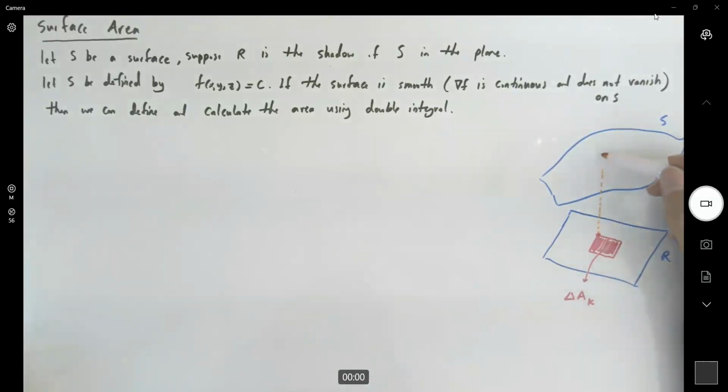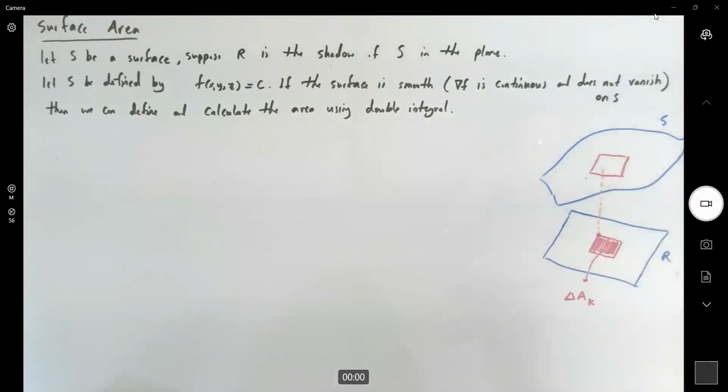So let us take a look at this up here, and I'm going to use the same exact color. Okay, let me just match this hopefully correctly. Avoid any confusion.